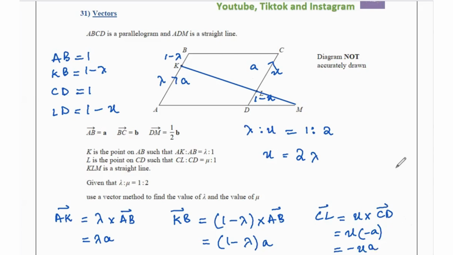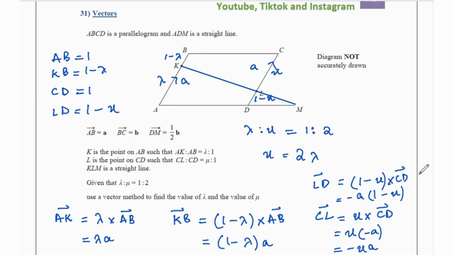Then if we look at LD, LD is going to be 1 minus mu times CD, which is negative A times 1 minus mu. Now they're saying that KLM is a straight line.